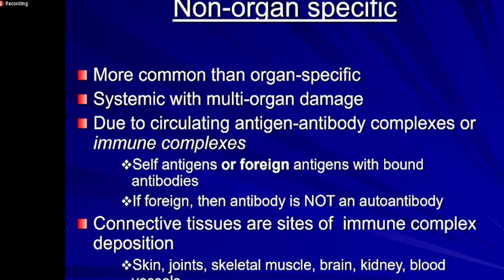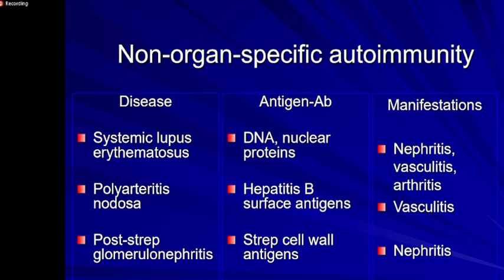Now, these are some of the diseases which you will have to go and look at, the clinical presentations and the management, when you go back to your internal medicine, which you'll more often than not find as non-organ specific autoimmune diseases. So SLE, systemic lupus erythematosus, a condition which is very common, especially in women, is one of them which you should know.